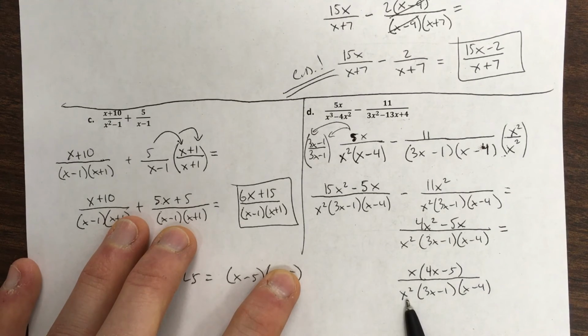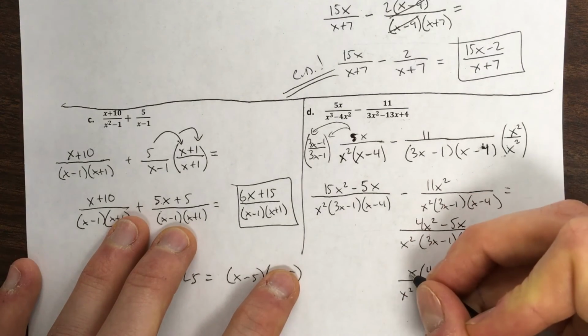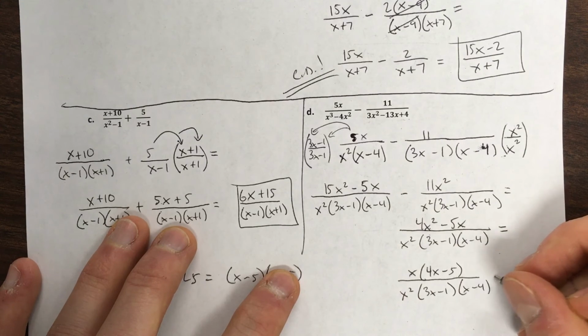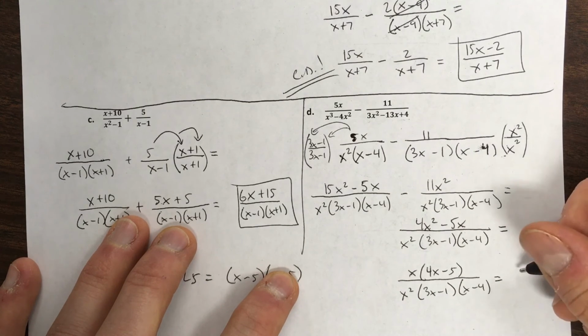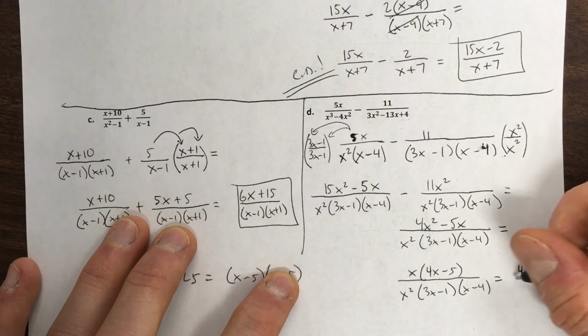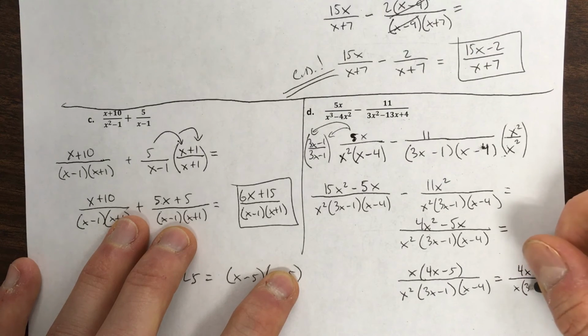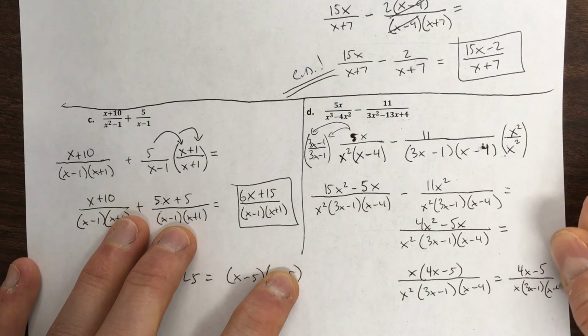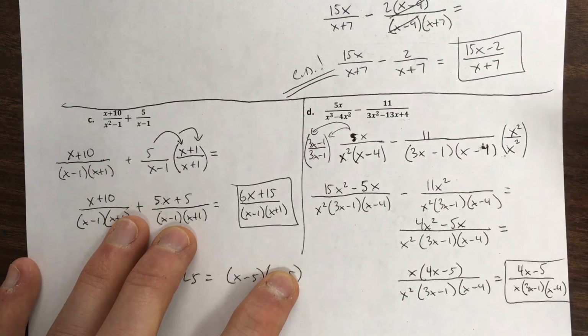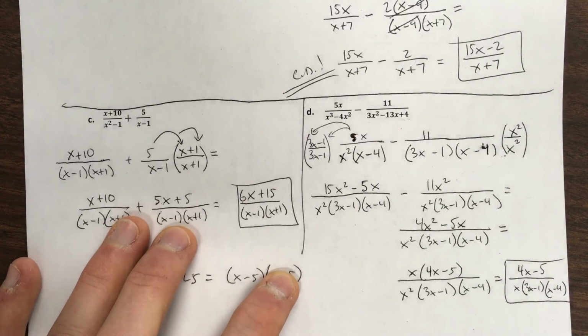One of these x's will cancel out one of these x's. So what we would ultimately end up with is 4x minus 5 over x, 3x minus 1, x minus 4. So that would be our simplified expression.